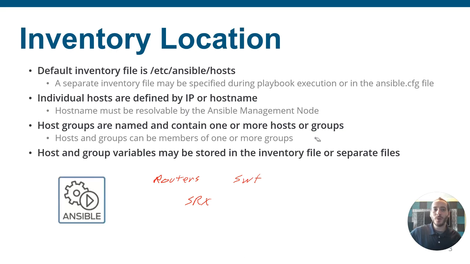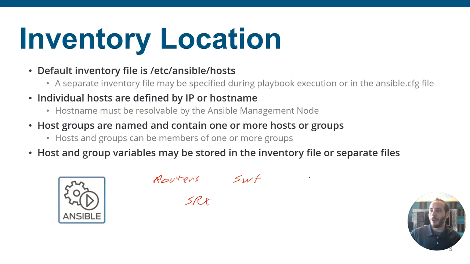We'll get into the different specification of what needs to be done if it contains one or the other in the following slide here. Hosts and groups can be members of one or more groups. So you can have nested grouping, and they can also be members of multiple different groups.